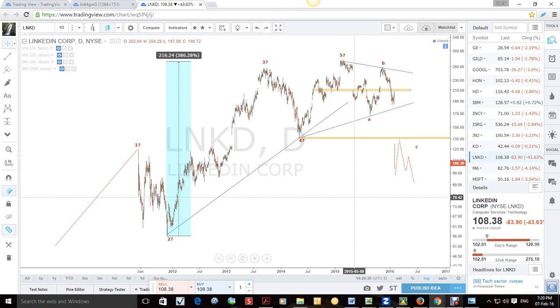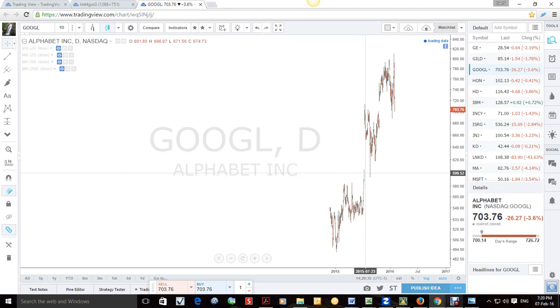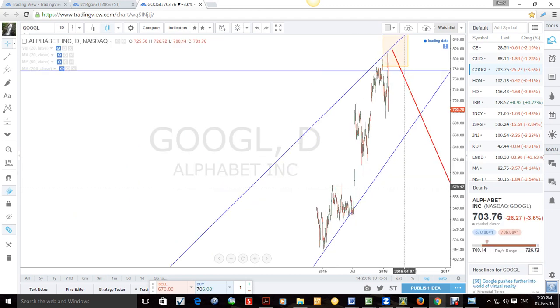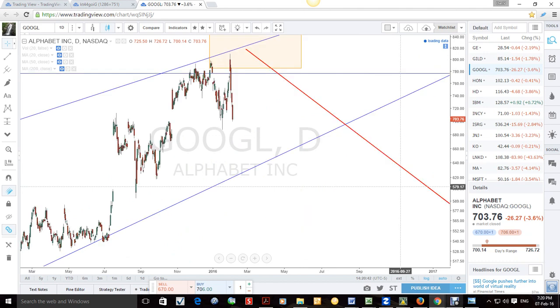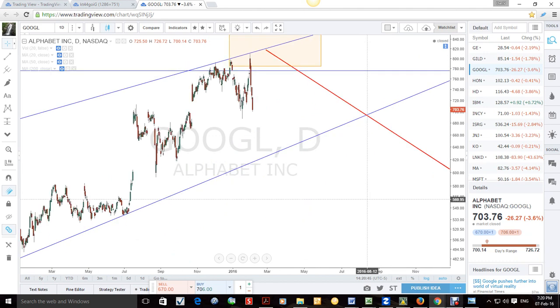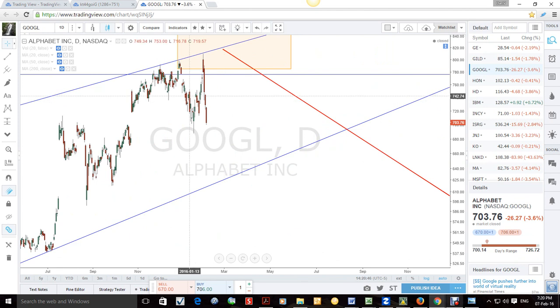But just to outline, for example, when you look at a stock like Google, you will see that Google posted its earning announcement after the market closed last week, and the stock tried to make a new high and then basically sold off.